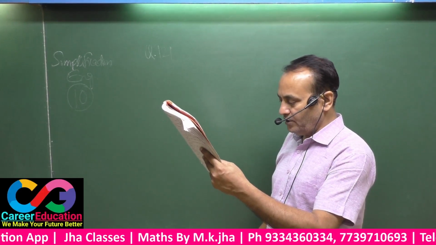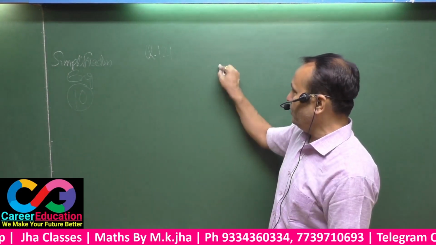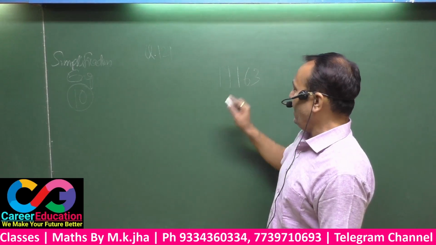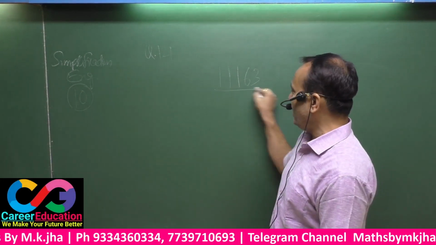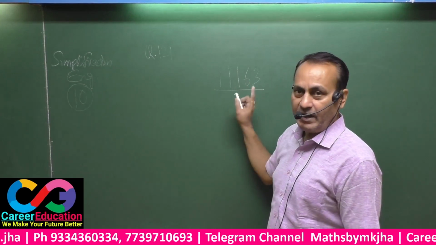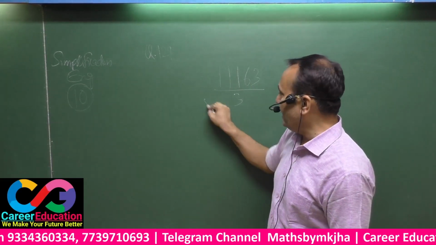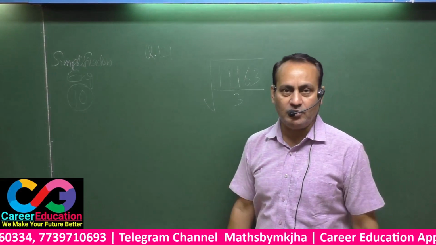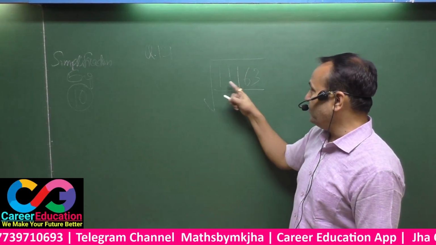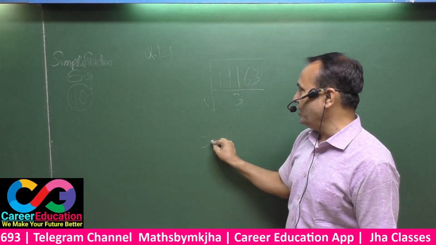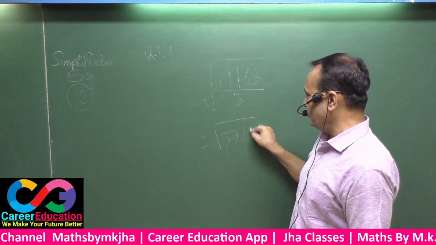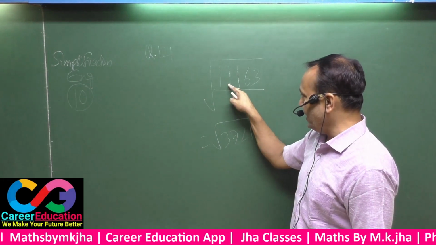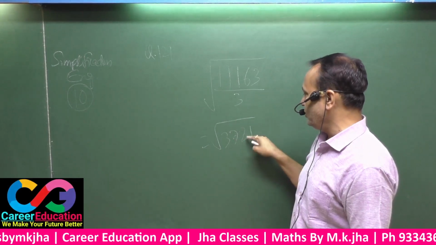If the total contribution is rupees 11163, in this question there is a bit of difference. You have to divide this amount by 3 first, then get the square root of that. After dividing this number by 3, you get 3721.